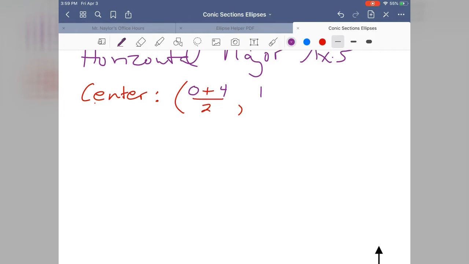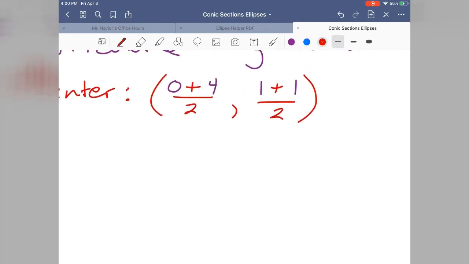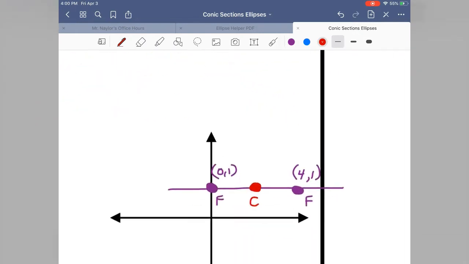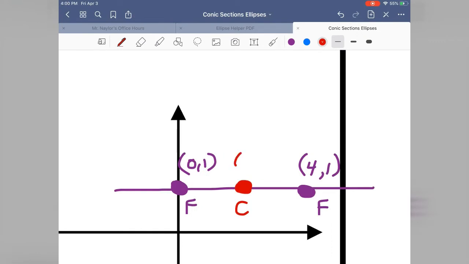Now, of course, those two y values are the same, but nonetheless, your midpoint is always going to be the average of your foci. So my center comes out to be, of course, (2, 1). And we can get that labeled on our diagram also.